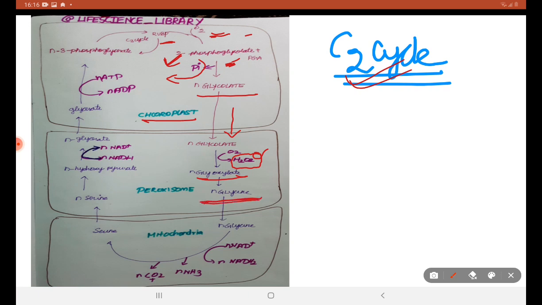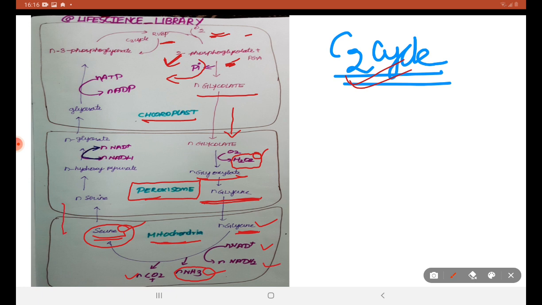Glycine is an amino acid formed in the peroxisome. Glycine enters the mitochondria, where glycine is converted into serine. Serine is also an amino acid. When glycine is converted to serine, ammonia is evolved, carbon dioxide is evolved, and NAD+ is converted into NADH2.